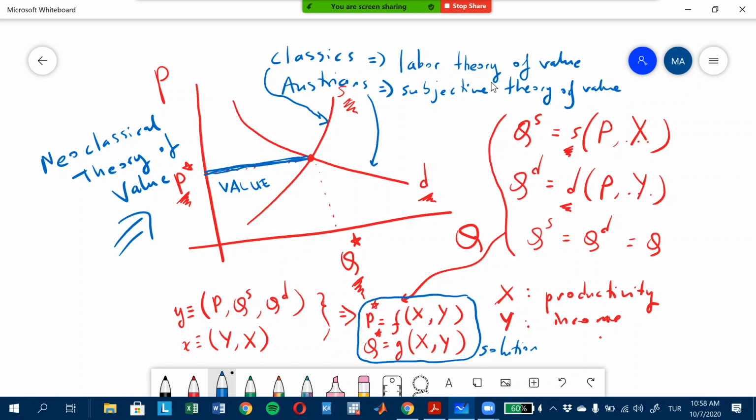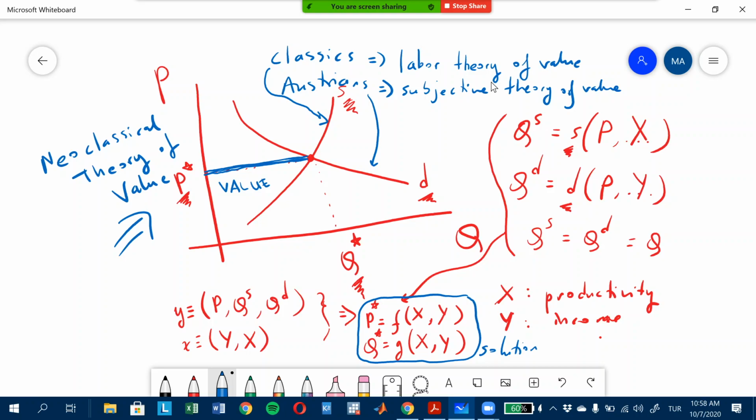If you want to categorize these value theories, classics are mostly interested in supply functions and supply prices or natural prices in their terminology. Austrians are thinking about ownership, the demand side. So if I own this, what is the subjective value that I assign to the last or the marginal unit of this good? They think simply about demand.